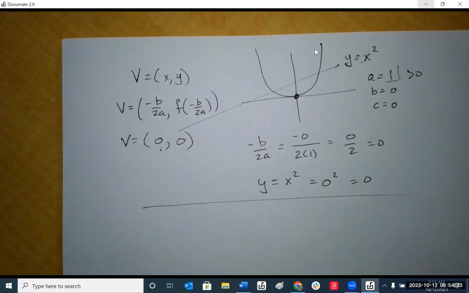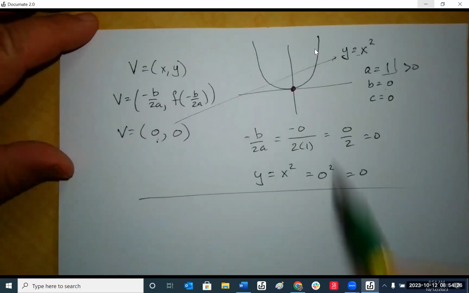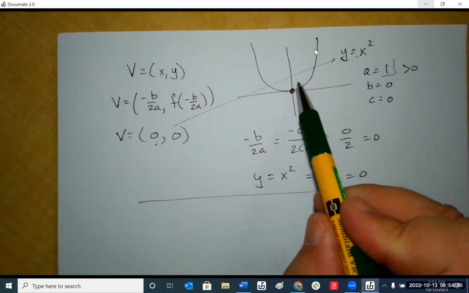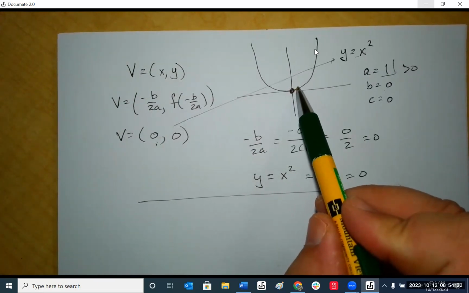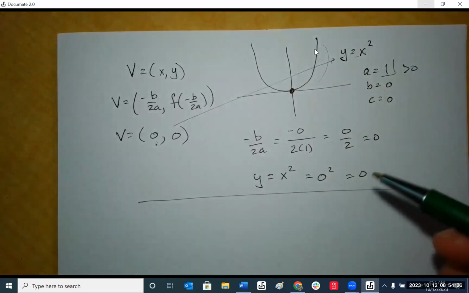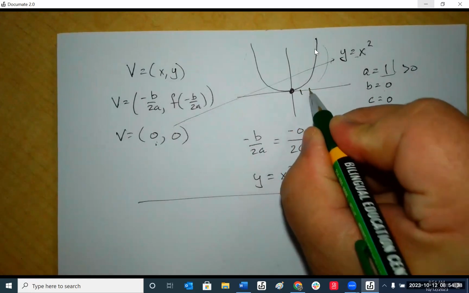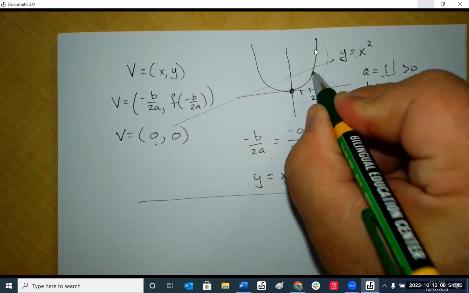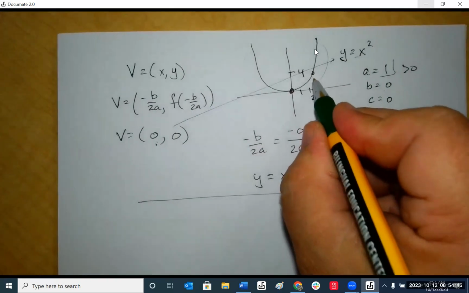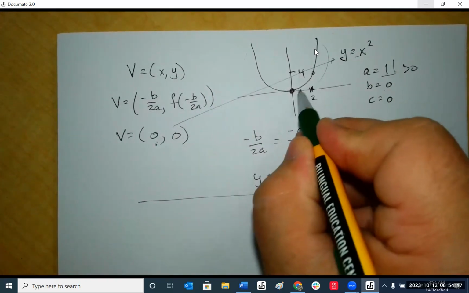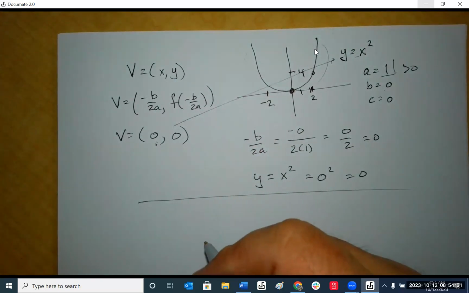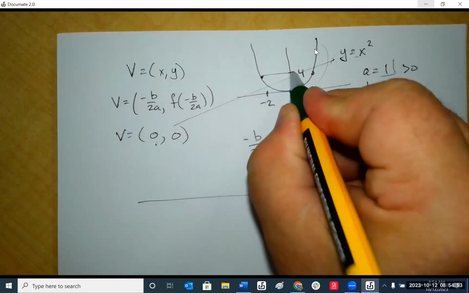So let's look at a bigger equation now. Oh, you notice we talked about symmetry in chapter 2. Quadratic equations are symmetric. This side of the graph looks like this side of the graph. So if I gave you a point here at (2, 4), I would know that there has to be one on the other side at (negative 2, 4).